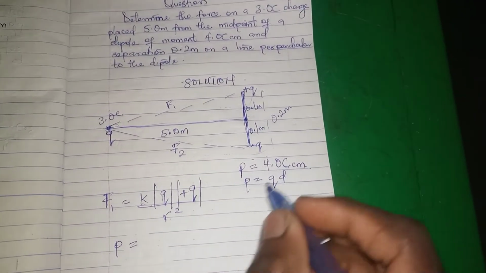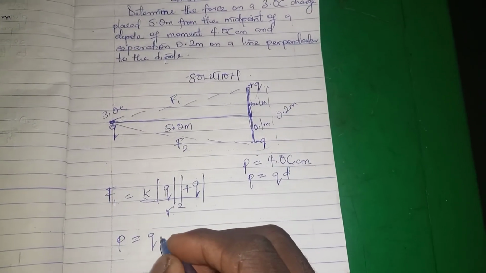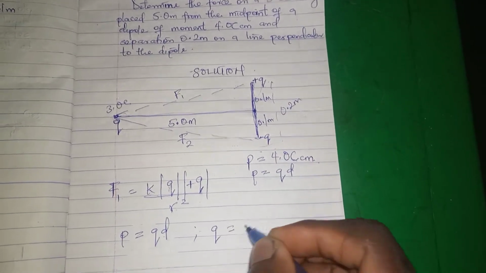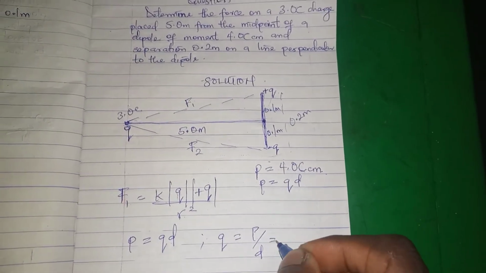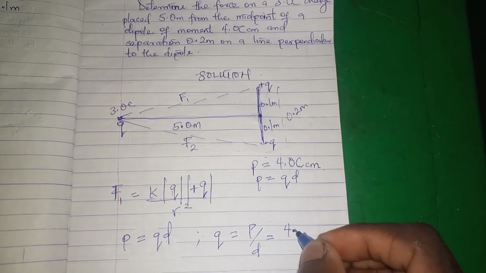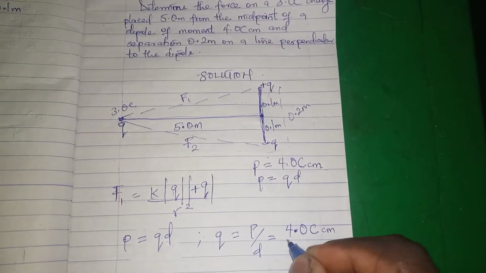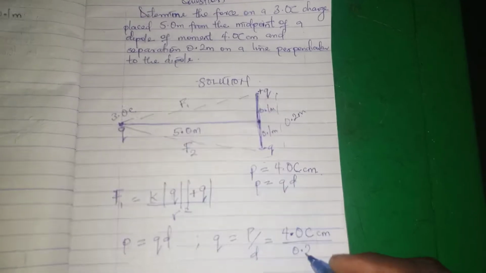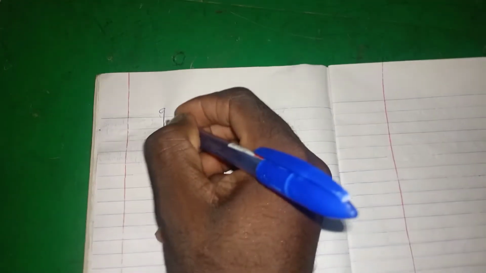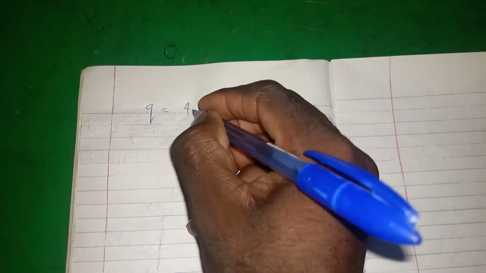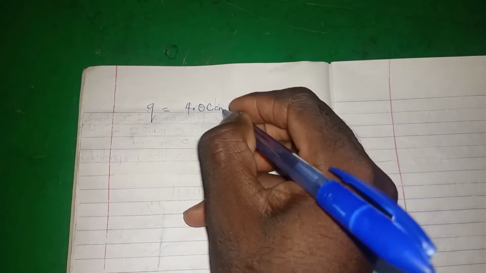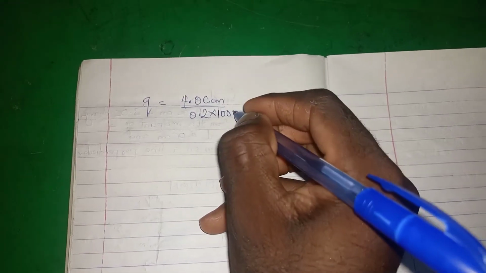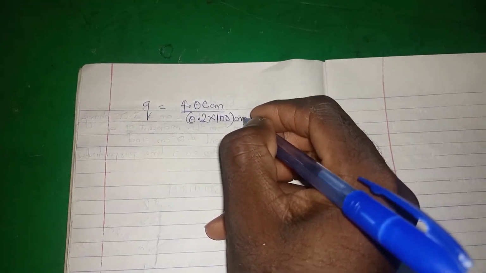Dipole moment, which is given, is equal to the charge times distance. So the charge we are looking for is equal to the dipole moment over D. The dipole moment given is 4.0 coulomb centimeter, over the distance between the two poles, 0.2 meter. Our calculation for Q will now be 4.0 coulomb centimeter over 0.2 meter, times 100 to express it in centimeter.